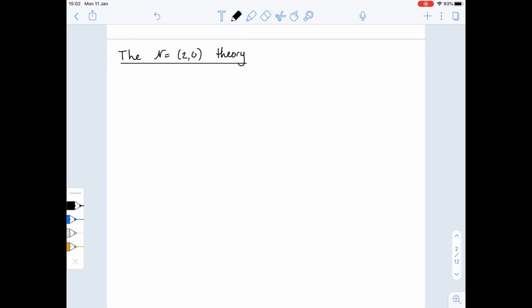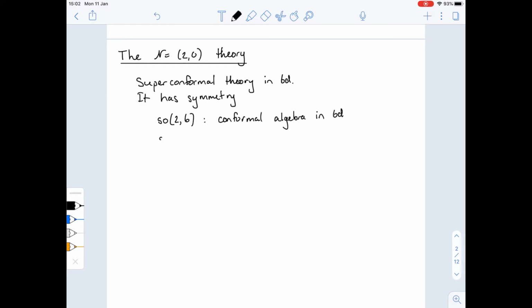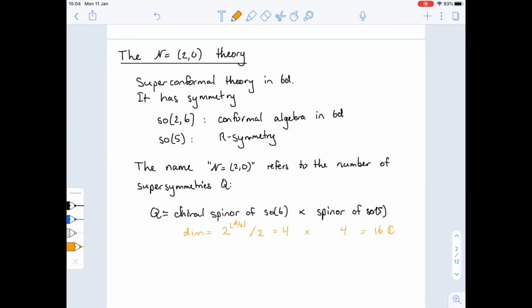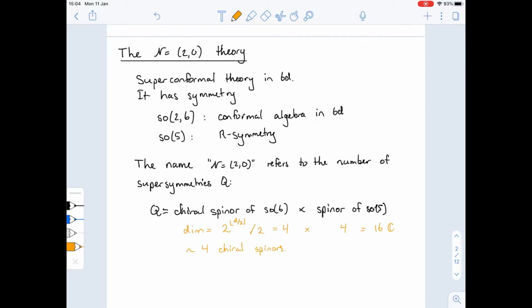For our purposes, the (2,0) theory is a 6-dimensional theory with superconformal symmetry and an SO(5)_R symmetry. The name (2,0) refers to the number of supersymmetries, which can be understood as follows. As usual, the supersymmetry generators transform in the spinor representation of both spacetime and R-symmetry algebra.